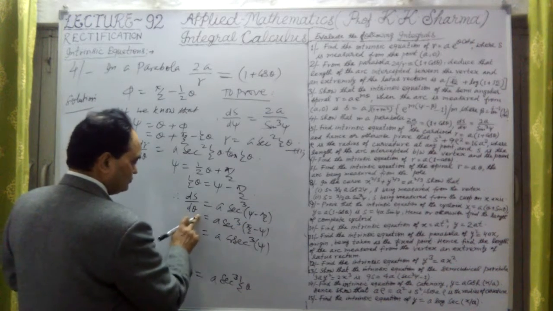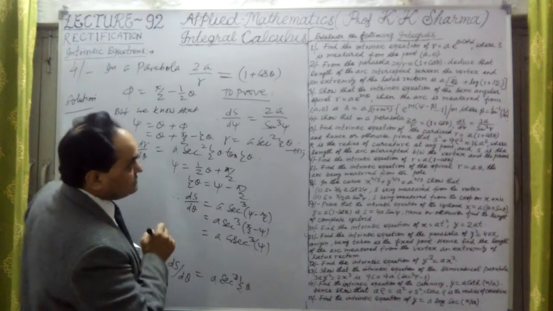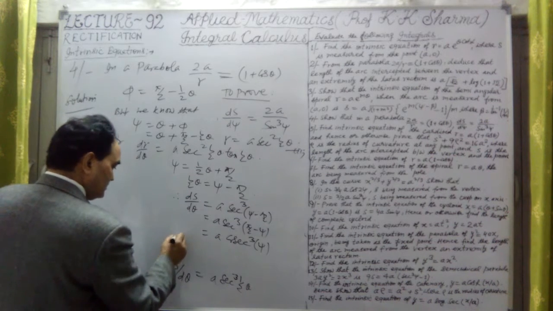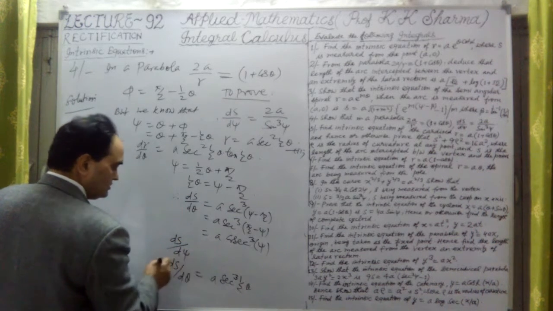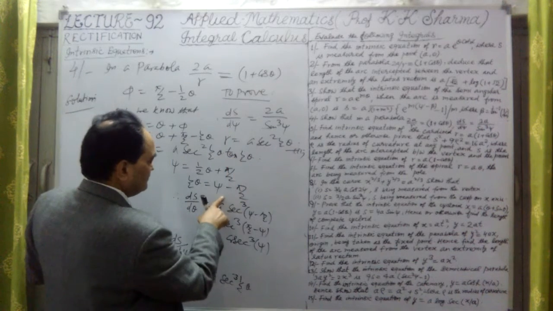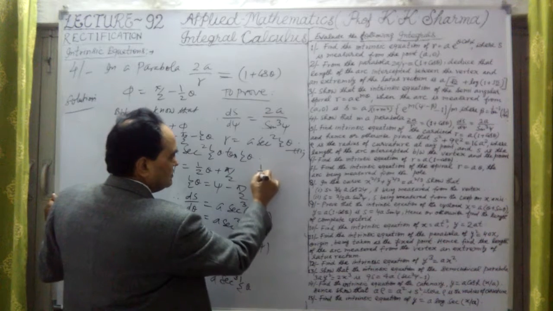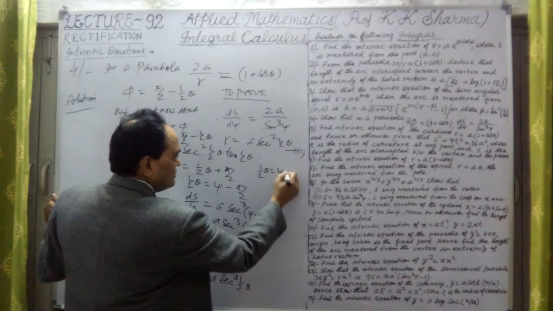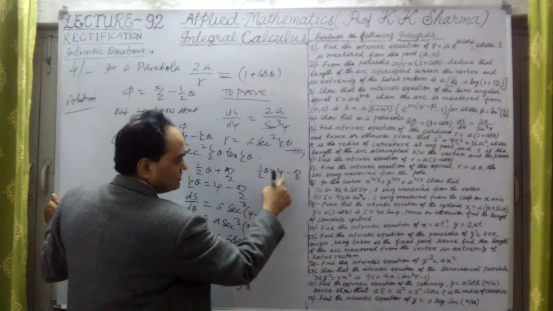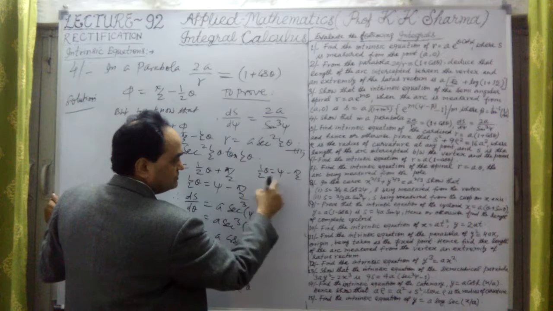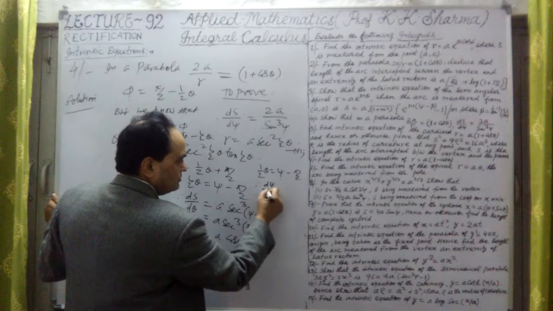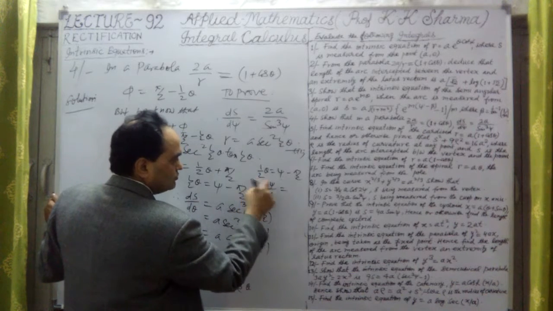Now we have to find out what we have to prove: ds upon d psi. Here half theta is equal to psi minus pi by 2. If I differentiate it with respect to theta, therefore d psi upon d theta is equal to half only.